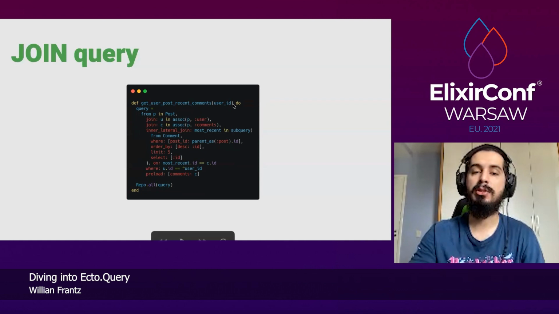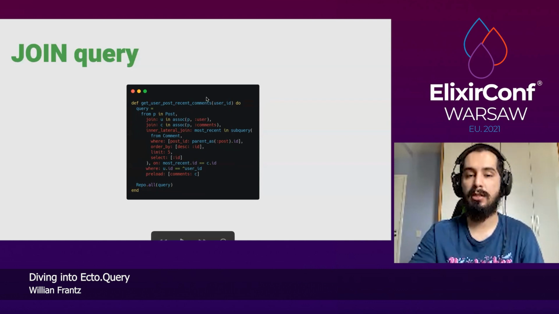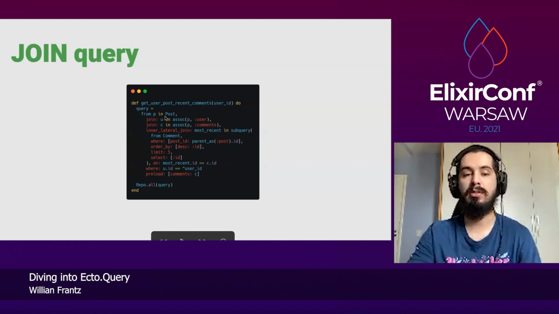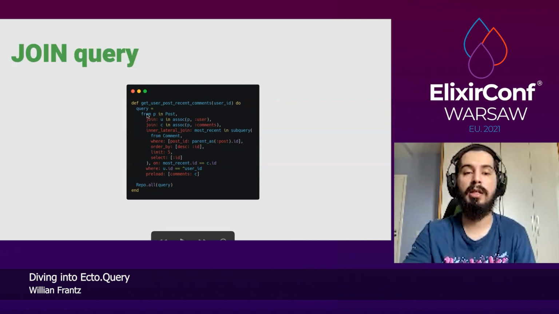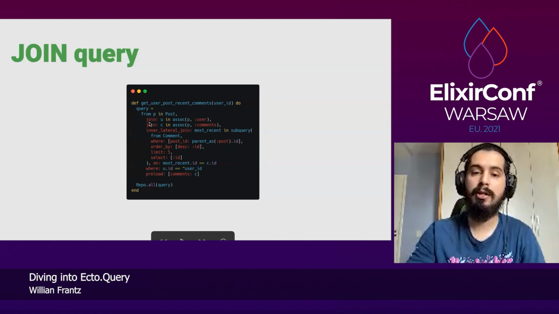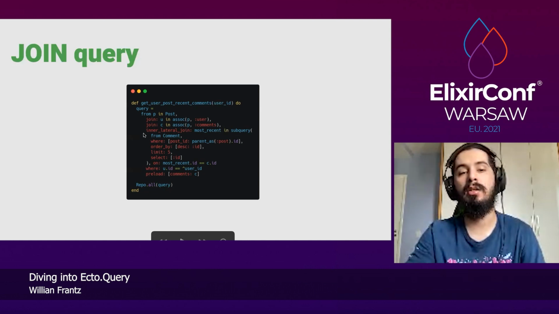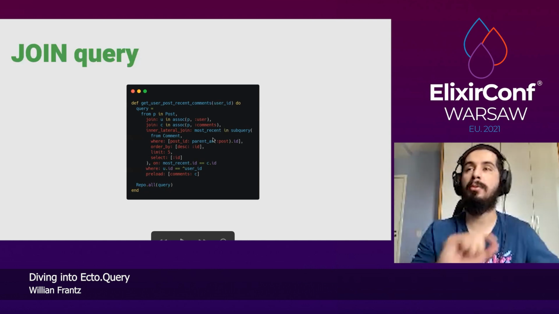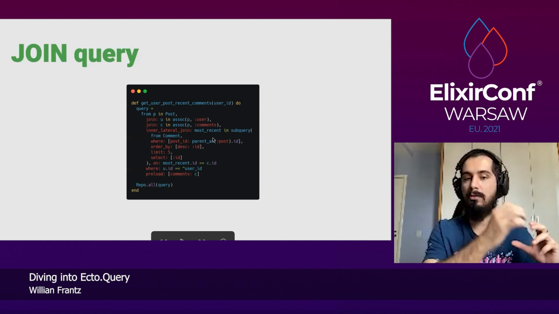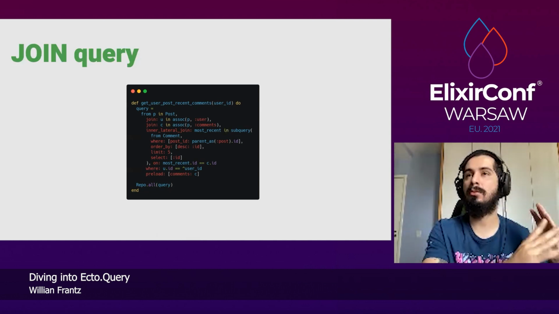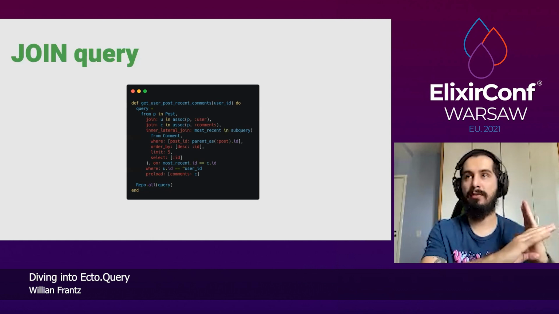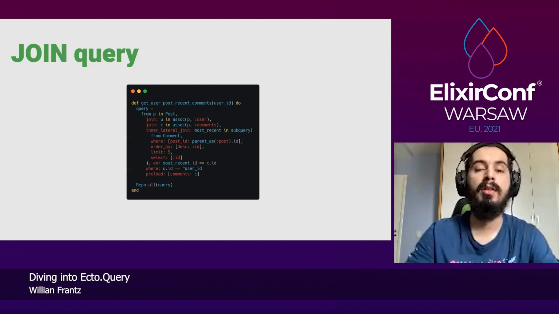So let's say we want to load only the 5 recent comments. We're going to select from post, joining with users, join with comments, and here we're going to set another join where we execute a sub-query to query only the 5 recent comments.